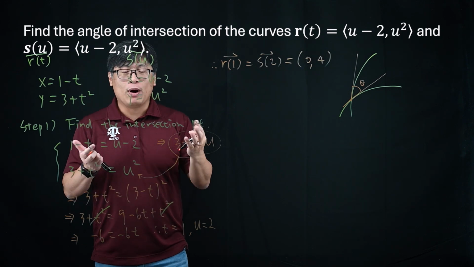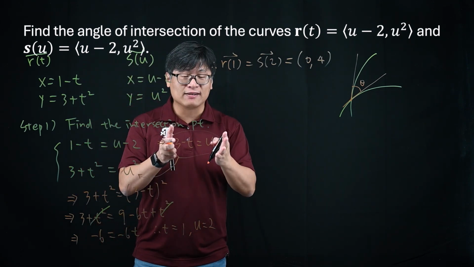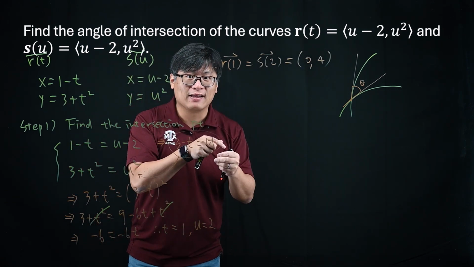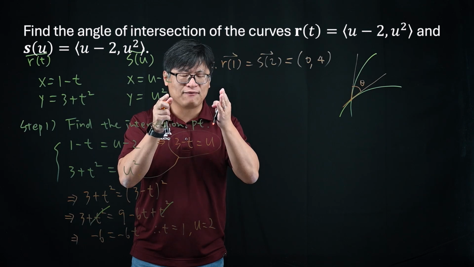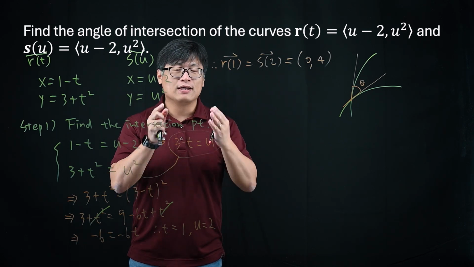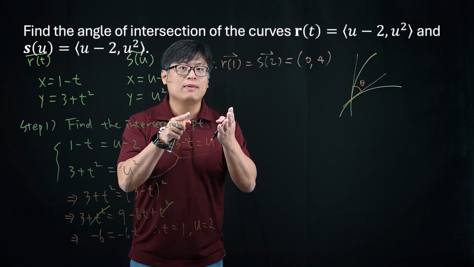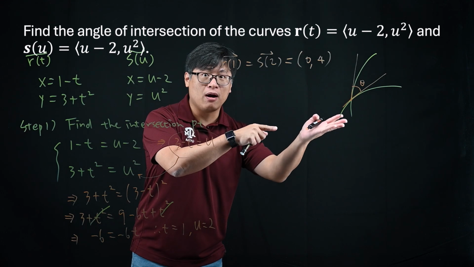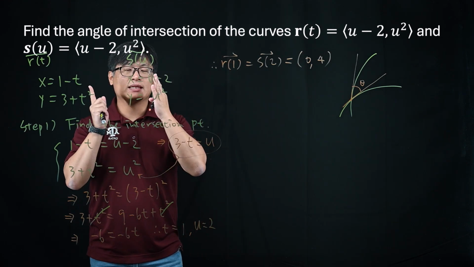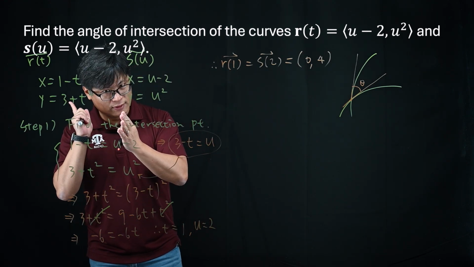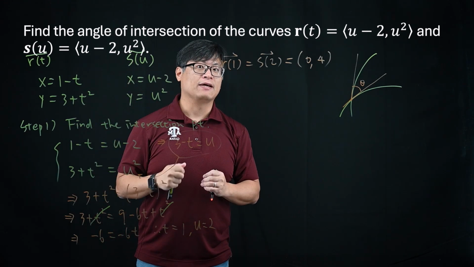Once you find the intersection point, now we talk about each tangent line. What was the tangent line? Basically, that is the definition, I mean the slope of the tangent line. That is the definition of the derivative, right? So R prime is the slope of the tangent line for curve R, and S prime is the slope of the tangent line for curve S, okay?